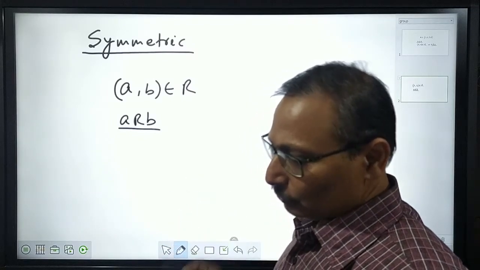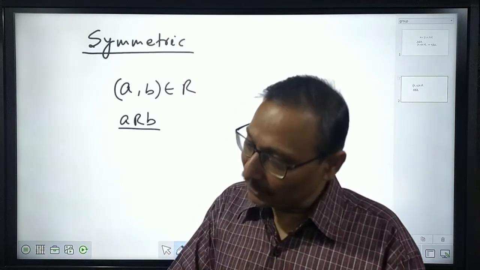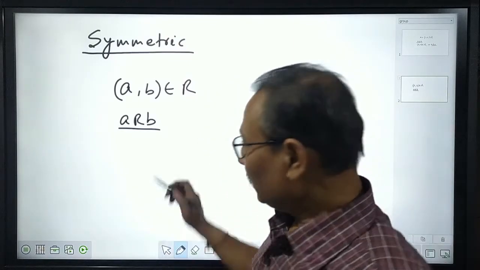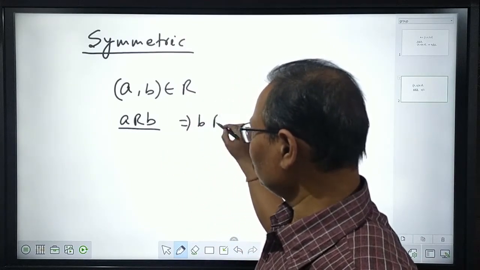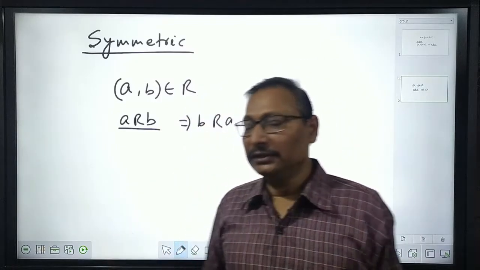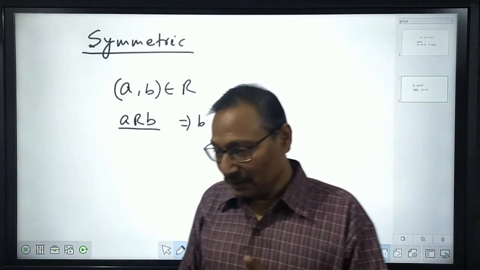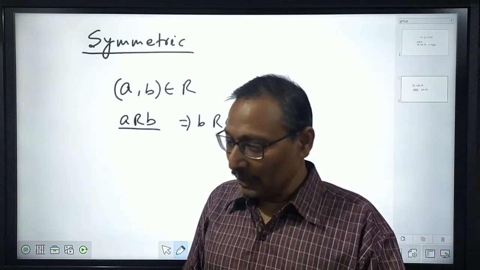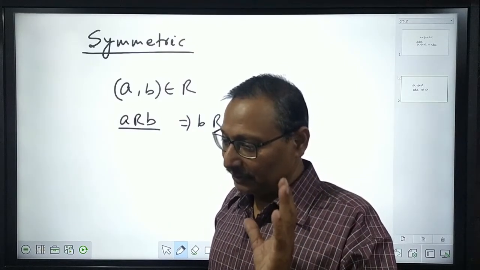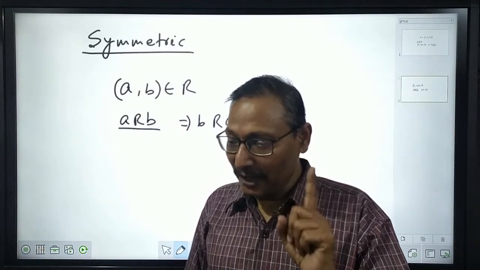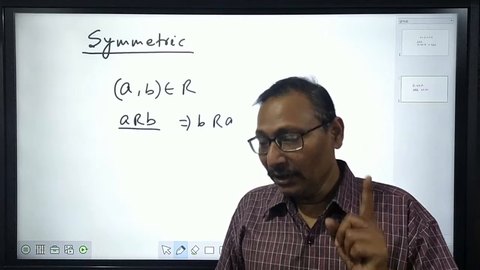In such a situation we have to show that if A is related to B, then B is also related to A. If A is related to B, then it should imply that B is related to A. If it happens, then we say that this relation is symmetric. So mind it. If we are to show that any relation is symmetric, for the purpose of checking, we will take a pair from the given relation.